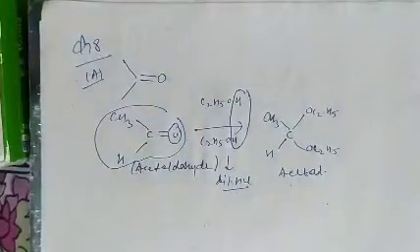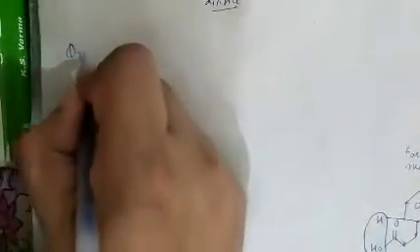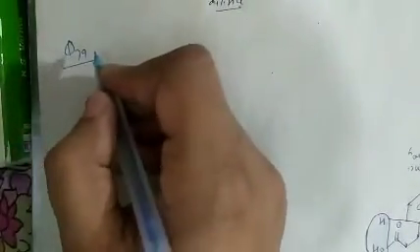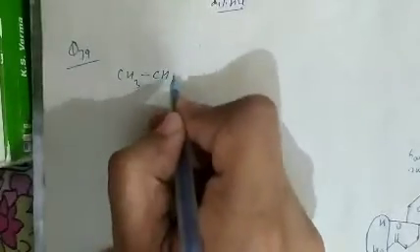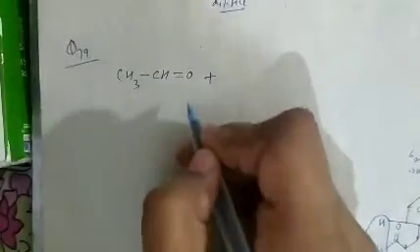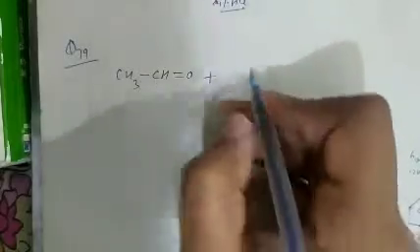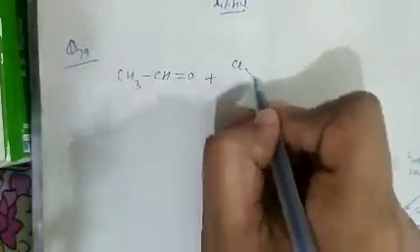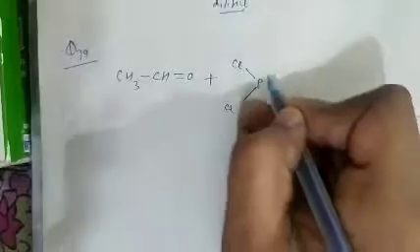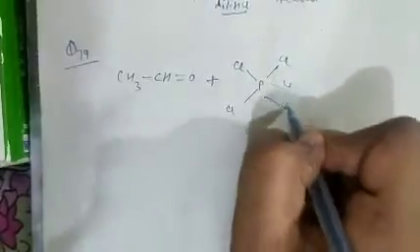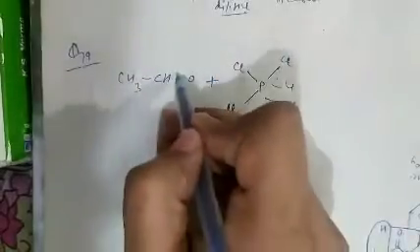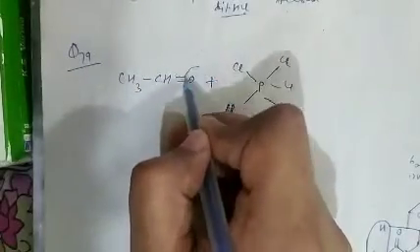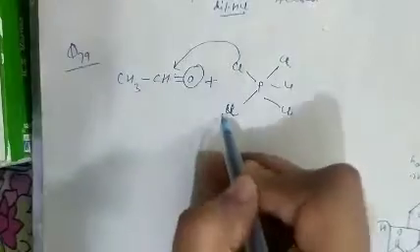See question number 79. In question number 79, the question is when acetaldehyde reacts with PCl5, as acetaldehyde is CH3CHO. As we know, PCl5 is basically P with five Cl. Now the 2 valencies of oxygen are removed and attacked by 2 Cl atoms.